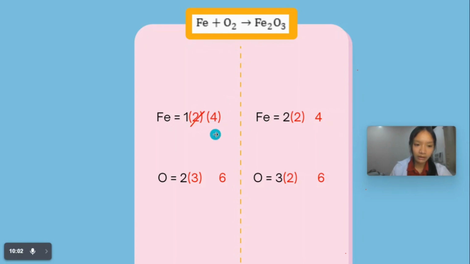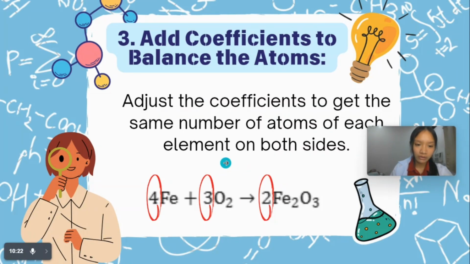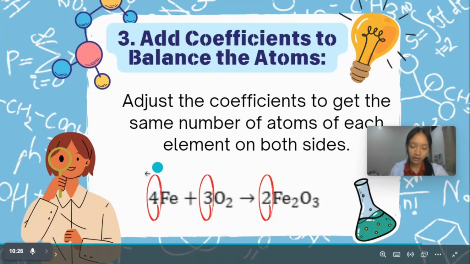After this adjustment, the equation is finally balanced. So we then copy the multipliers, this, and this. Then paste them before the elements or compounds to complete the balanced chemical equation. So these are the coefficients now.